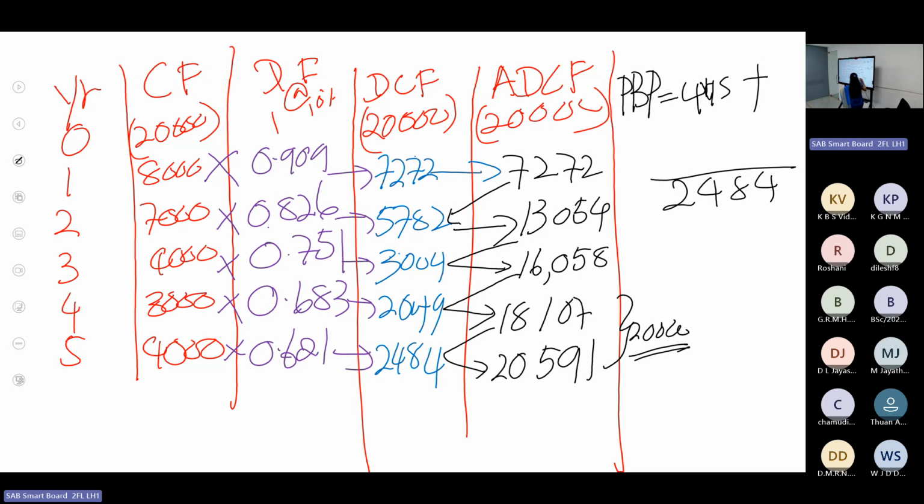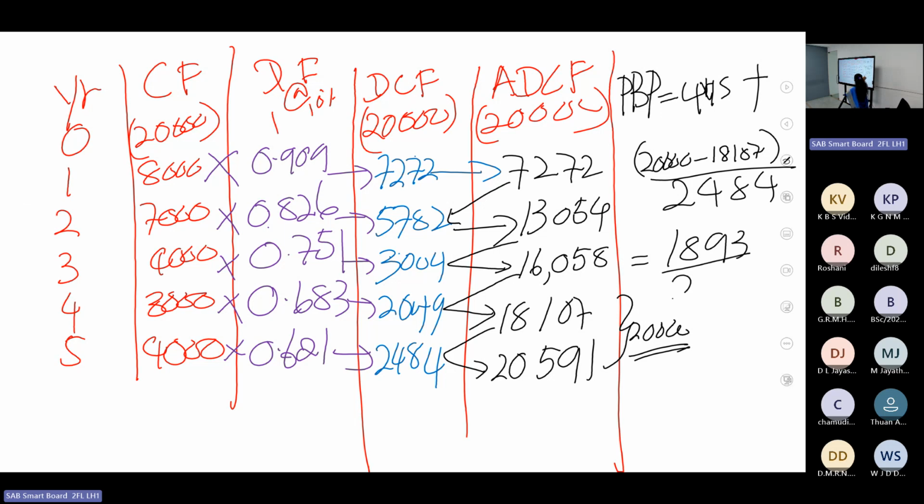That's 20,000 minus 18,107. So tell me how much do we need? 1,893. Divided by how much we are going to have during that year, 2,484. Right? Then you have to convert it to 12 months.